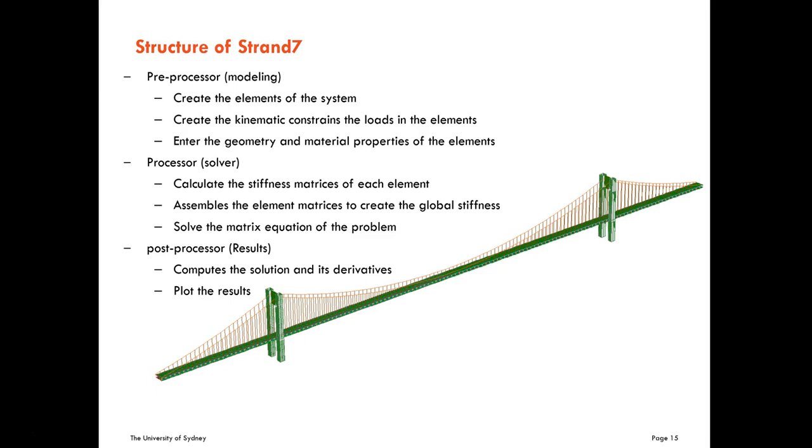You can pick one element and see the displacements at the nodes of these elements and the stresses and forces acting on these elements. You can make a cross cut in the model, and you can see how the stresses or the displacements change in these cross sections. All these visualizations happen in the post-processing part of Strand7.